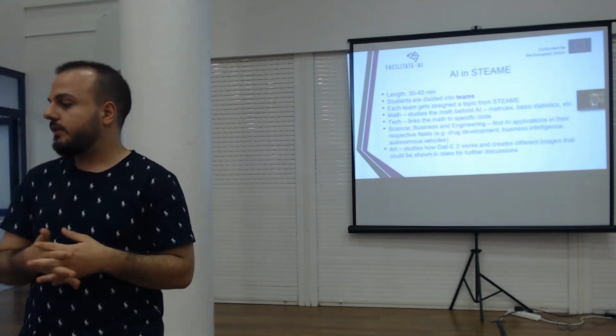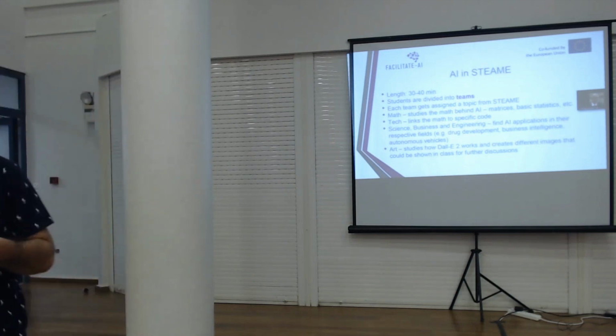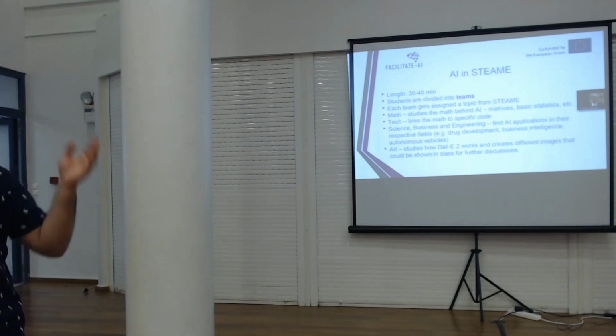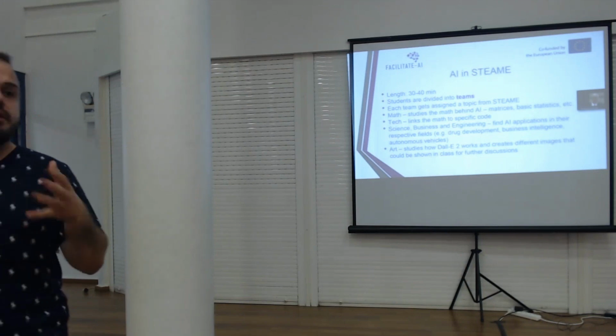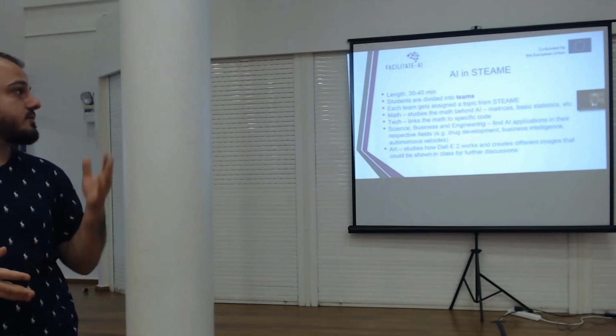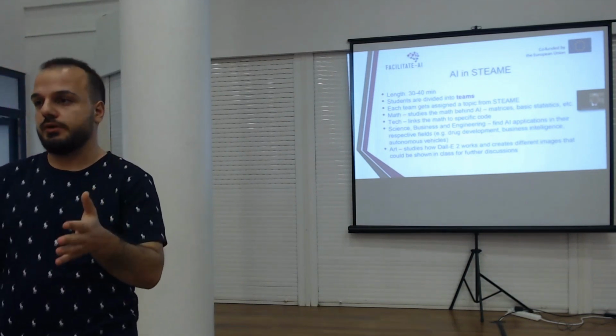The math team will study the mathematics behind AI. And of course, this could be done online. The ICT teacher and the math teacher might help with that. We know that the math in AI includes basic linear algebra, it includes statistics. So all of these concepts, the math team gets familiarized with.